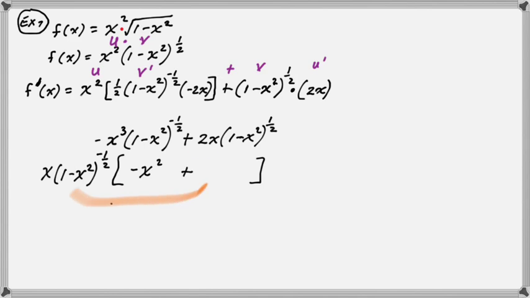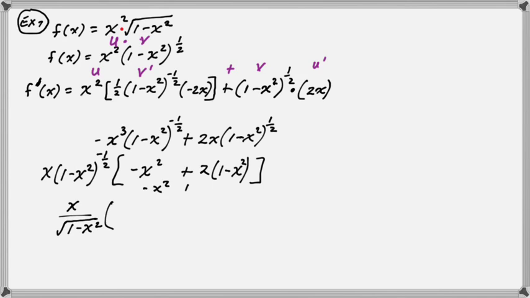Okay, x times what gives me 2x? Well, you're going to need a 2. And you also might need another one of these powers, because what's negative 1/2 plus 1? Is it 1/2? So, what do I have? I have x divided by the square root. And over here you have negative x squared plus 2, and then minus 2x squared.